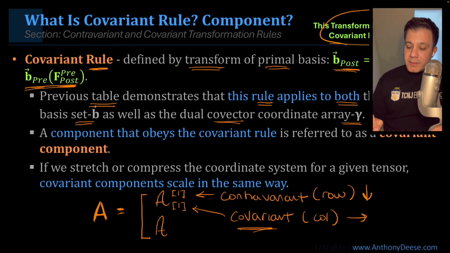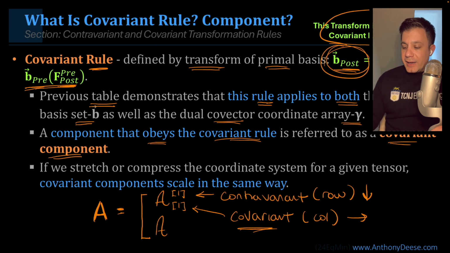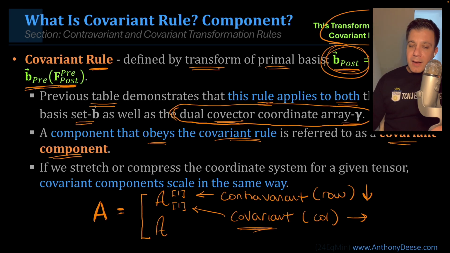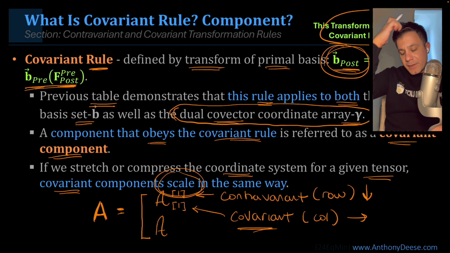A component that obeys the covariant rule is referred to as a covariant component. So obviously, the primal basis set is a covariant component, and we just learned that the dual vector coordinate array will also be called a covariant component. If we stretch or compress the coordinate system for a given tensor, covariant components will scale in the same way. So I want to draw a table here for a second.